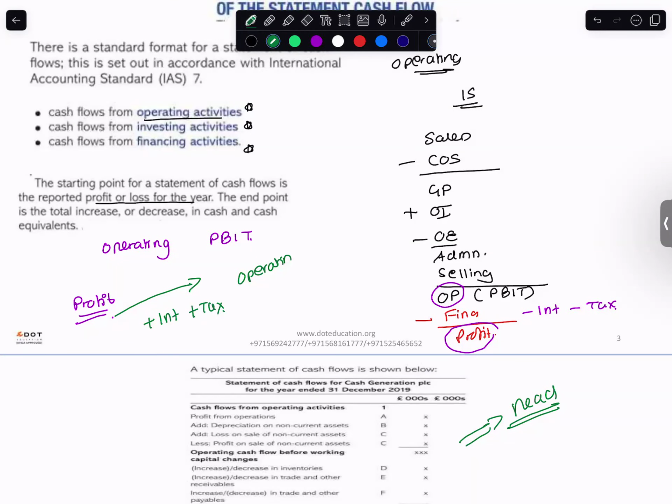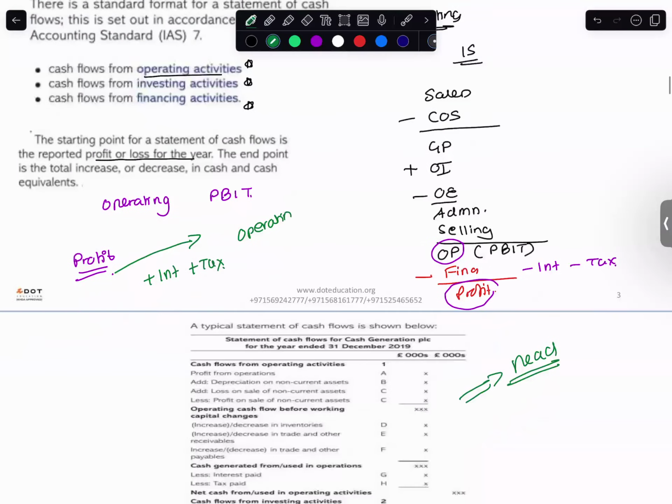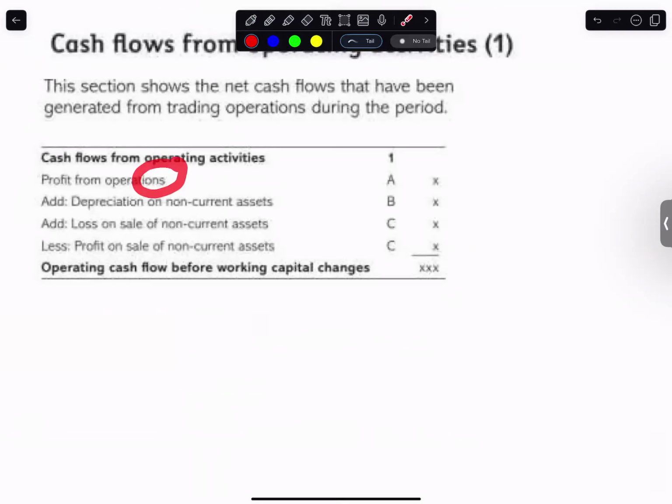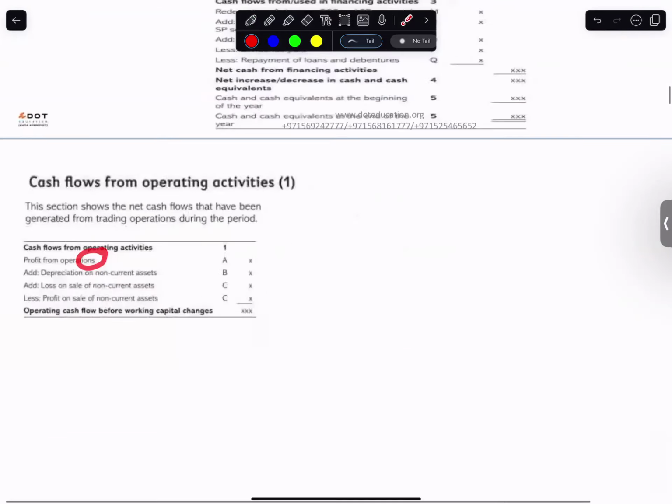So my cash flow from operating activities always starts with what? Operating profits.